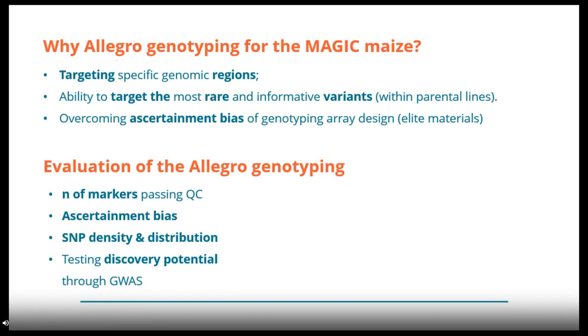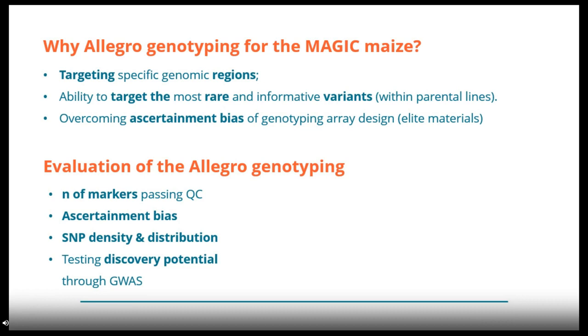So we decided to evaluate our new data sets by looking at the number of SNPs passing a very strict QC, to try to understand if we can overcome the bias due to the design. We looked at SNP density and distribution, and we finally were able to test the discovery potential of our new data set on a subset of samples of our population, around 300, through GWAS.